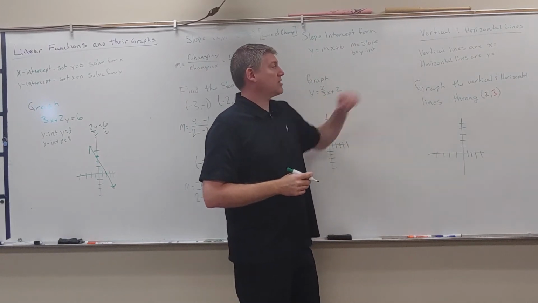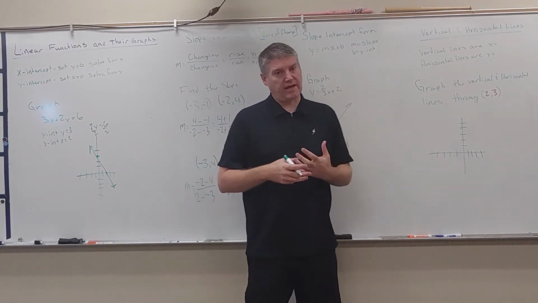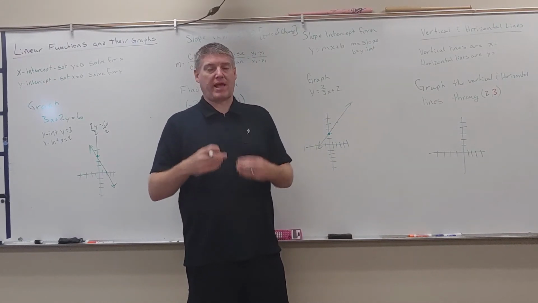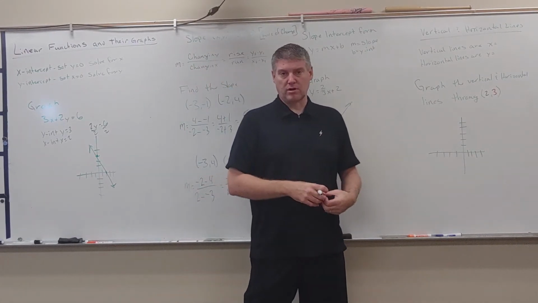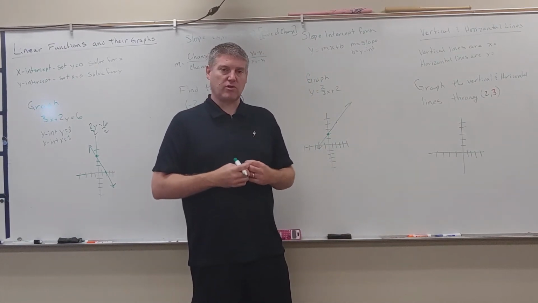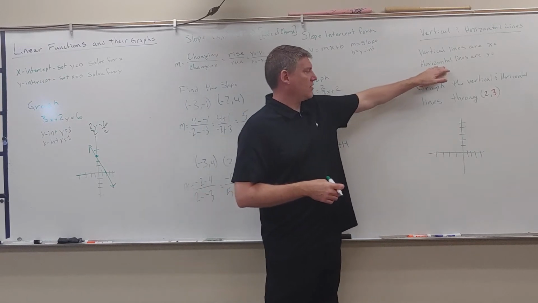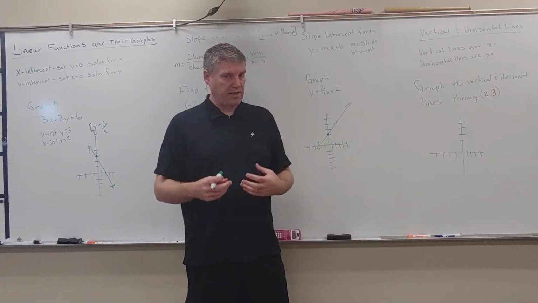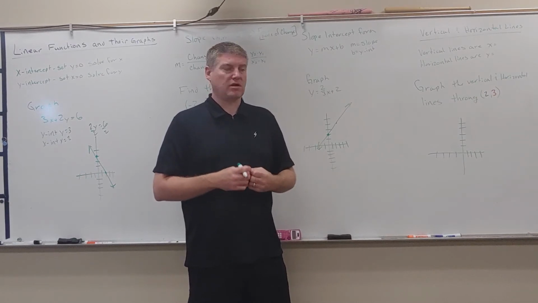The last thing we're going to talk about is vertical and horizontal lines. Vertical lines are in the form x equals a number. So x equals 5 is going to be a vertical line at the x coordinate of 5. Horizontal lines are y equals a number. So y equals 3 is going to give me a horizontal line at 3.